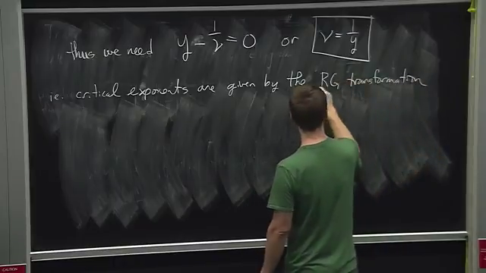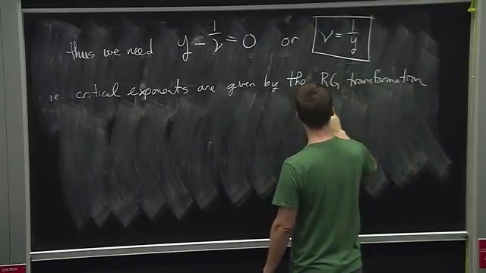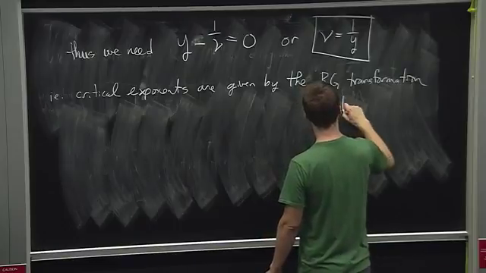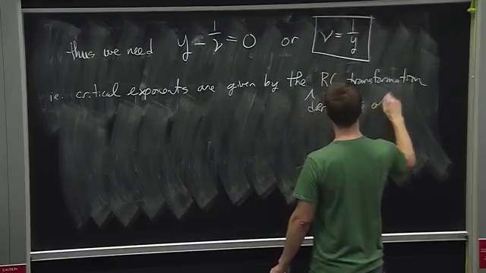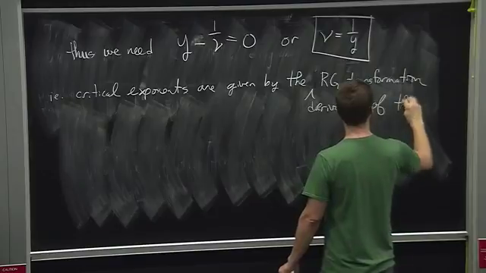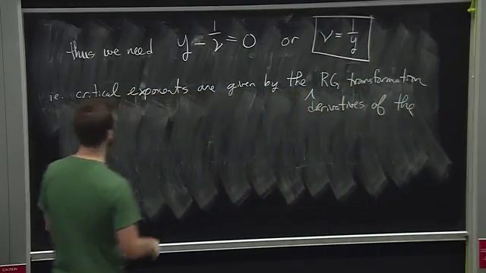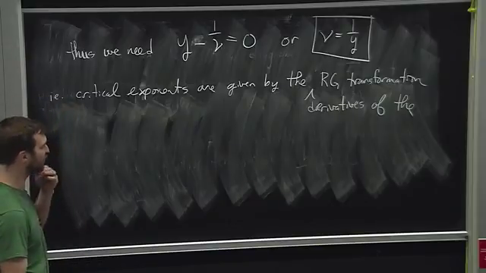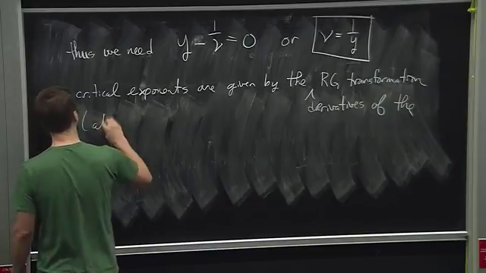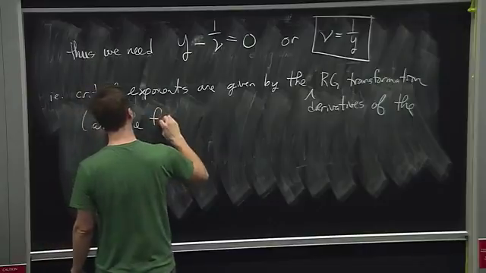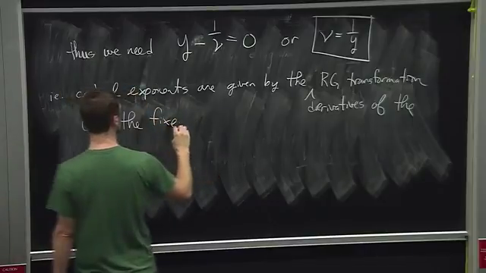Oops, I forgot derivatives. So critical exponents are given by the derivatives of the RG transformation at the fixed point, because you evaluate that derivative at the fixed point.